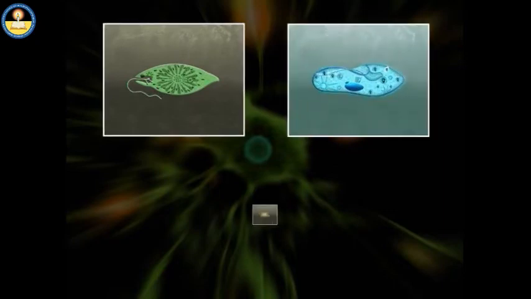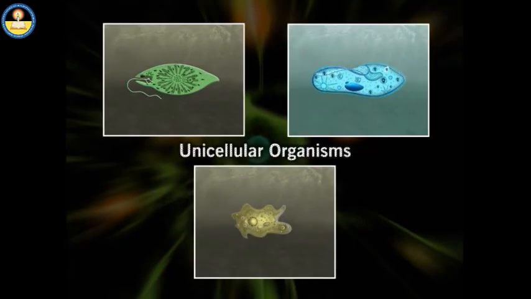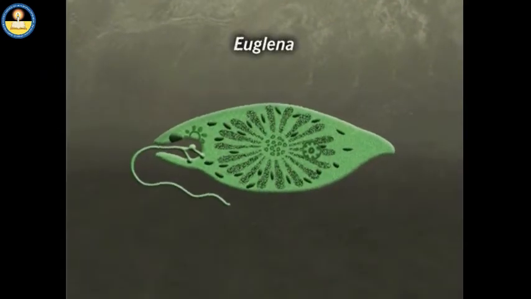There are some organisms which are composed of only one cell. These are known as unicellular organisms. They carry out all their functions within a single cell. Euglena is a single-celled microscopic alga.